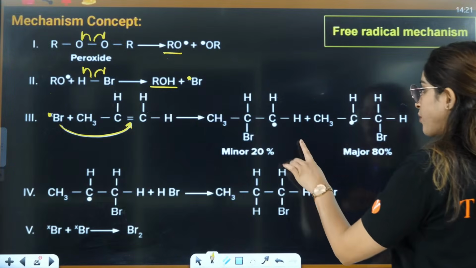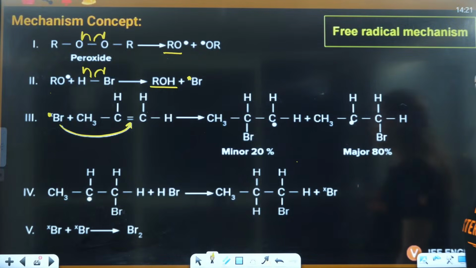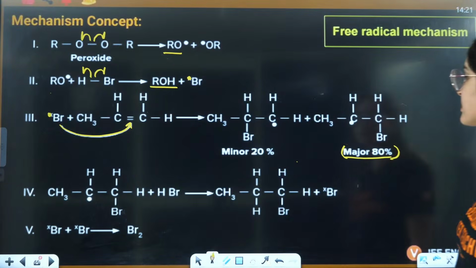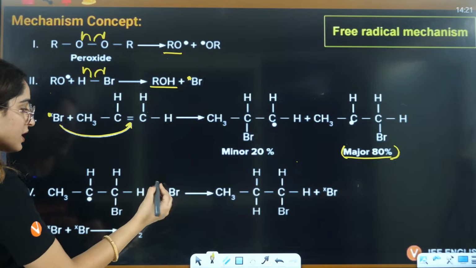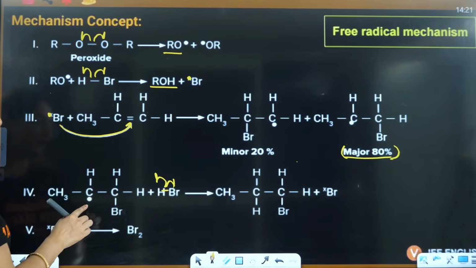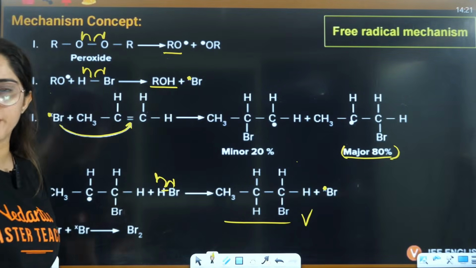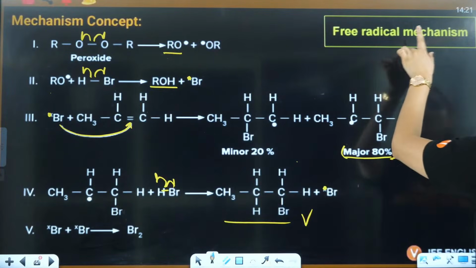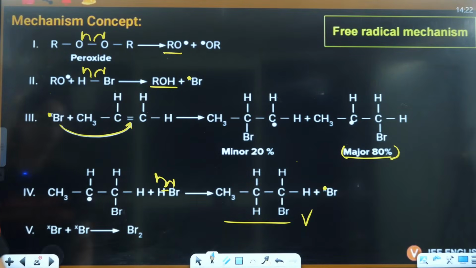Two free radicals are possible, this or this. Now this is the major one, because free radical stabilization is more in this case. After that, again HBr gives a free radical, and this H free radical will attack here and you will have the formation of the product. So all you have to remember is that this is a free radical mechanism, and because of the free radical mechanism, the anti-Markovnikov product is formed.